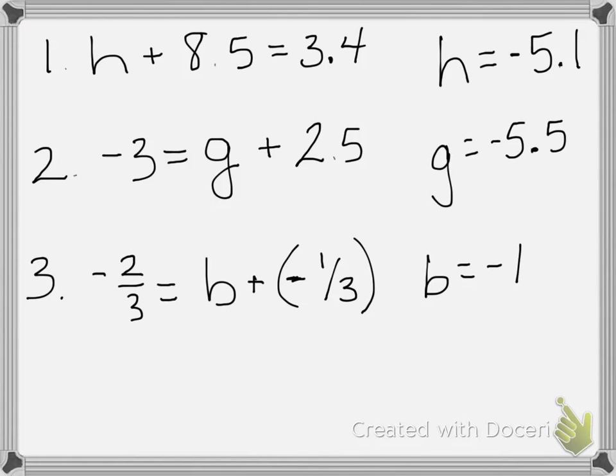Remember on this one, change it to a positive. Then you subtract 1/3. So 2/3 minus 1/3. Lucky for you, they already have common denominators. I know since they're the same sign, I just add them and keep that sign. So that's 3 over 3, and it's negative. -3 over 3 is the same as -1.